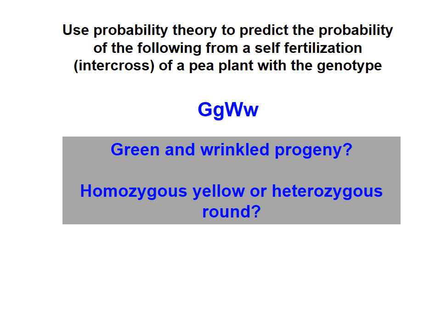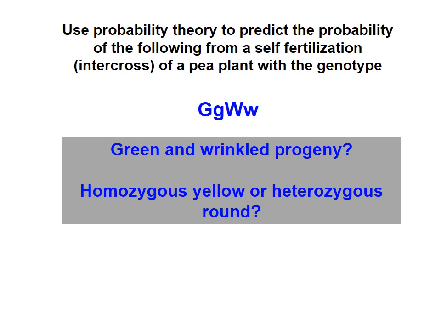Homozygous yellow or heterozygous round. So we have the same mating going on, and we need to get one event, right? What's this one event? Homozygous yellow. What's the genotype for homozygous yellow?